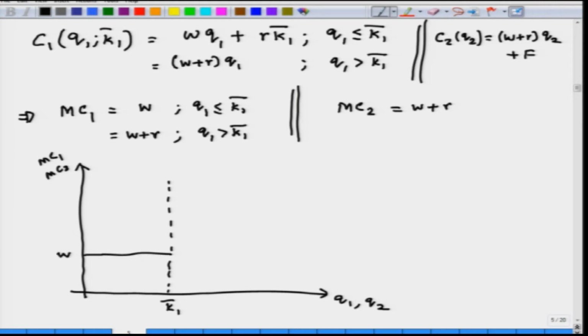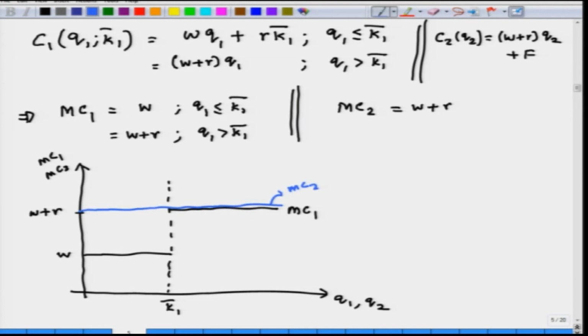For any output larger than K1 bar, firm 1's marginal cost is W plus R. So, this is firm 1's marginal cost, whereas for firm 2, the marginal cost always is W plus R for any level of output. So, this is firm 2's marginal cost, right.